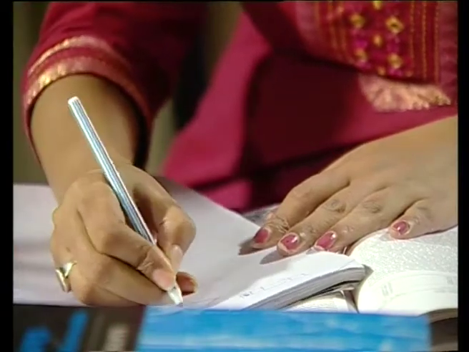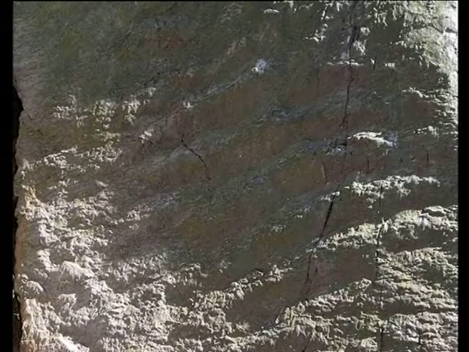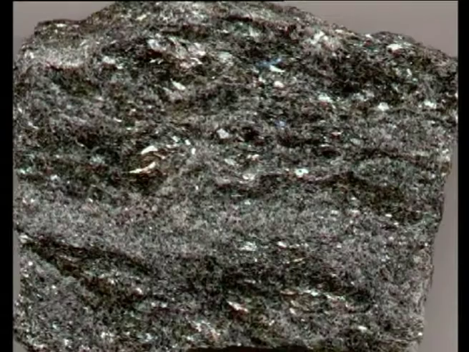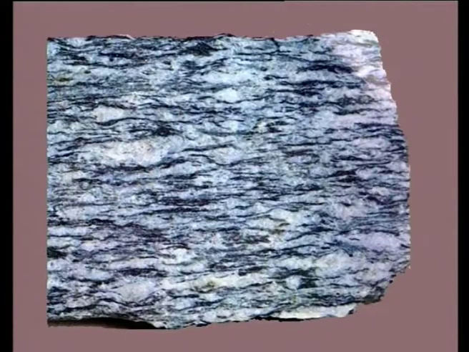We have seen how the spaced and continuous foliations are further subdivided into different categories. We have seen how the foliations develop. We have seen how the orientation of the foliations are broadly related to folding, which we will be taking up in greater detail in a later episode.